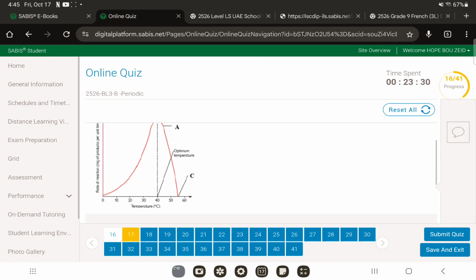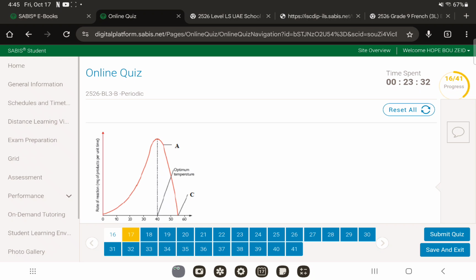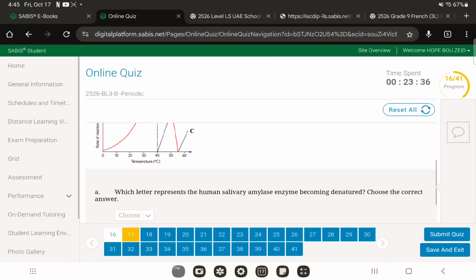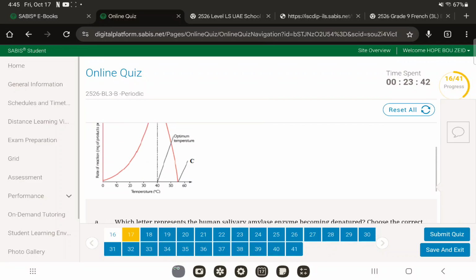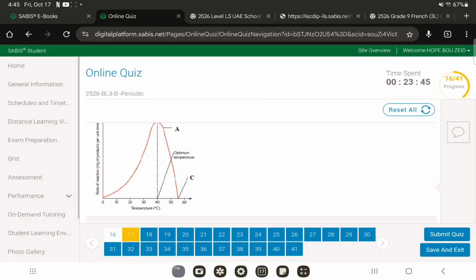Okay, so here, you just have to read the graph basically. Point A, it starts going downhill, meaning that it is becoming denatured. When it's completely denatured, it has gone all the way down at the bottom and it just isn't working anymore, which is point C.